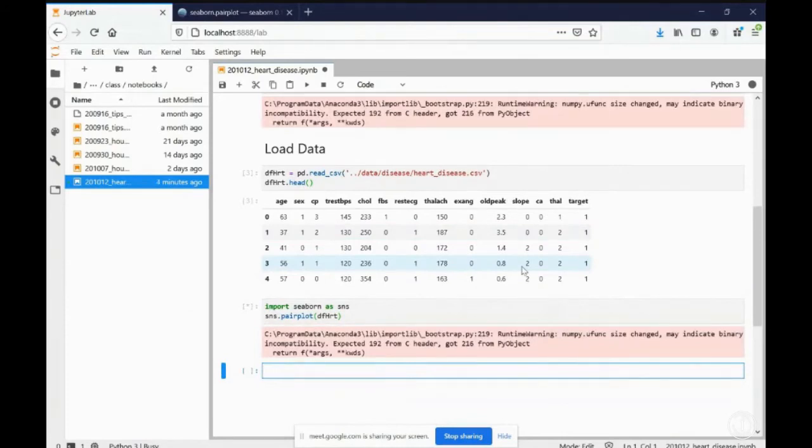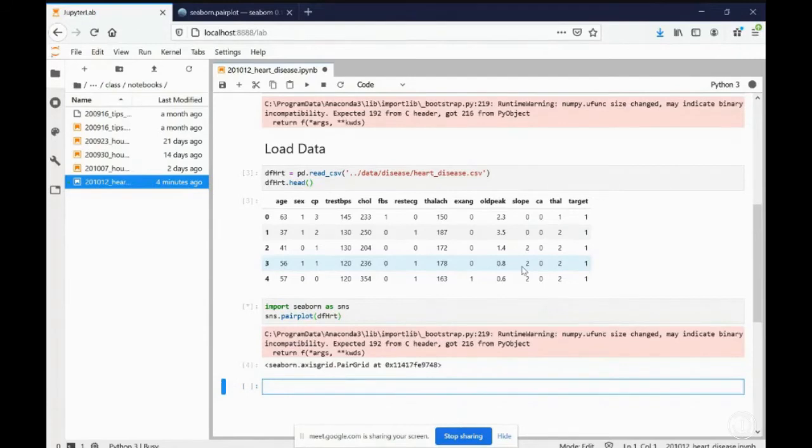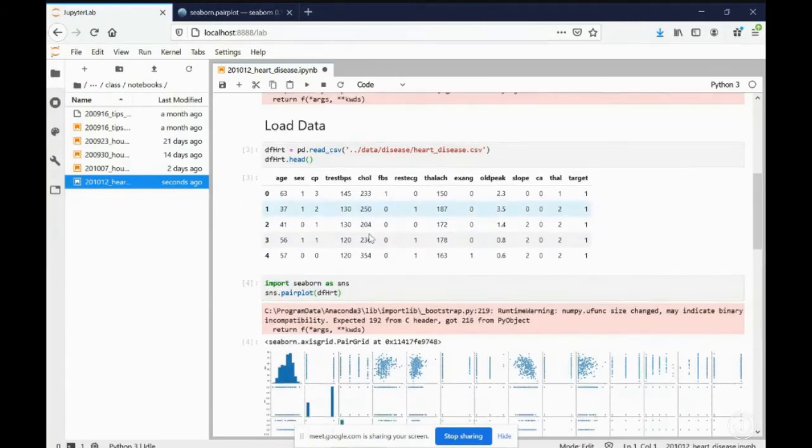But it gives you a quick view into how each variable relates to every other variable. While that's coming up, let's also set up another chart. Maybe we'll look at target versus cholesterol, which we know probably has some effect. Okay, so here you go.